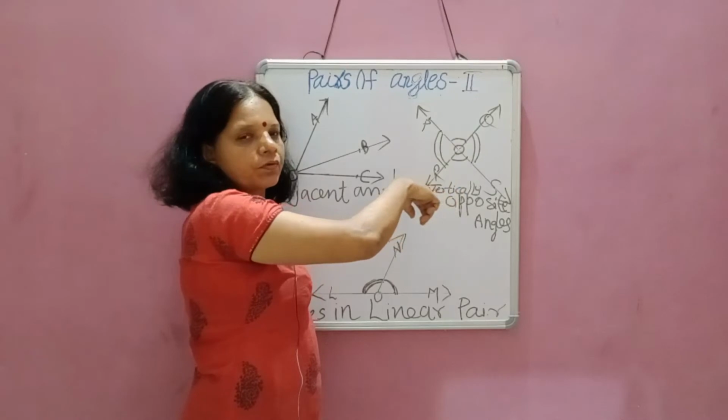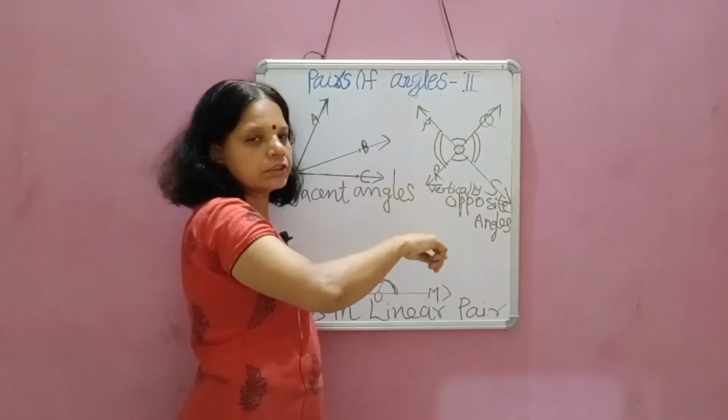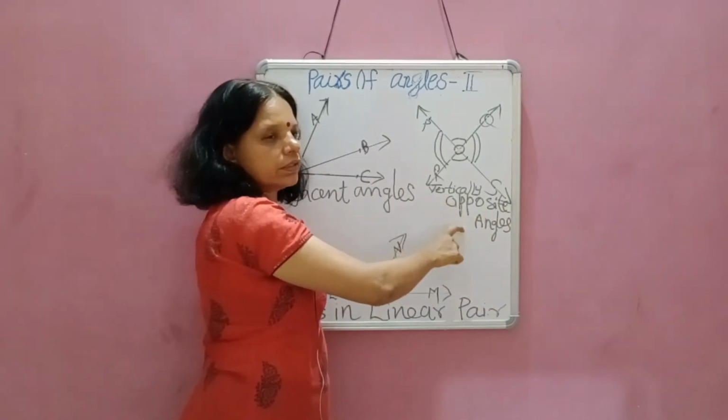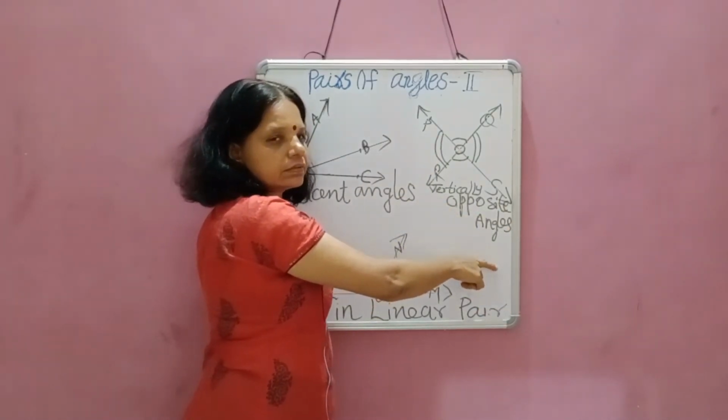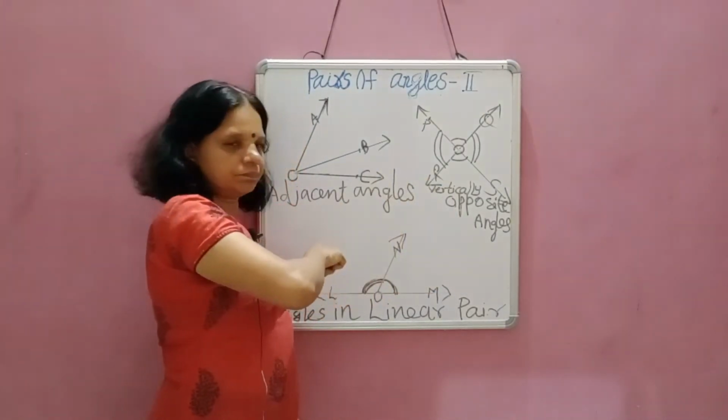Vertically opposite angles are congruent. Their measures are equal. So understood the pairs of vertically opposite angles? Clear?